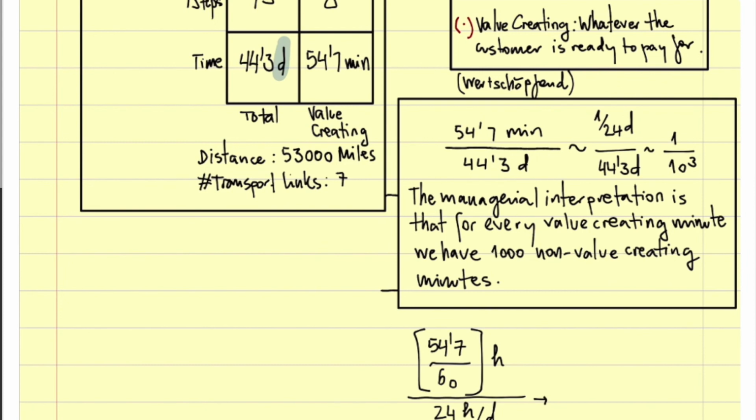So it's 54.7 divided by 60 and divided again by 24, which is 0.037986 days.